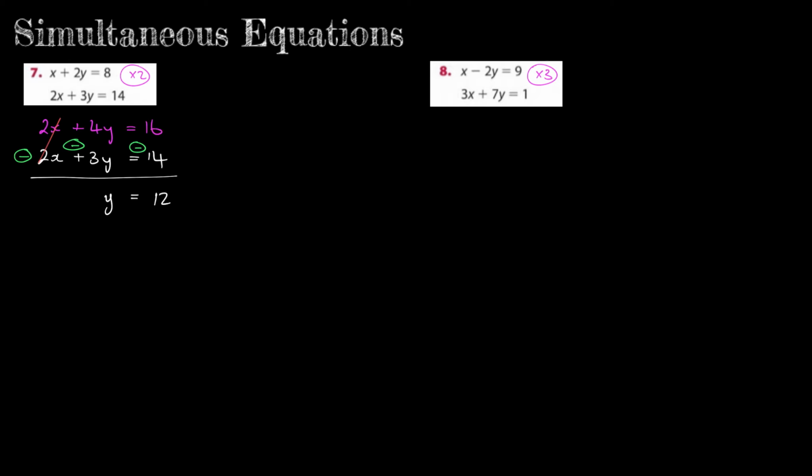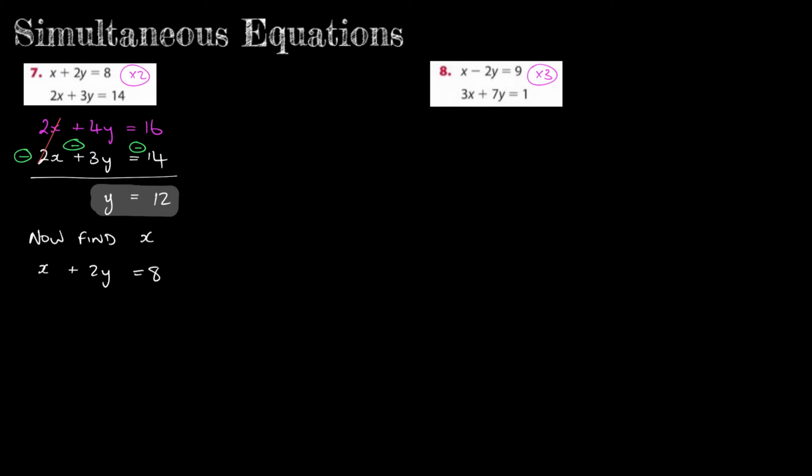Okay, I found the value for y, so now I need to go back and find the value for x. How I find x is I take the first equation, x plus 2y is equal to 8, and I can fill in what I already know.